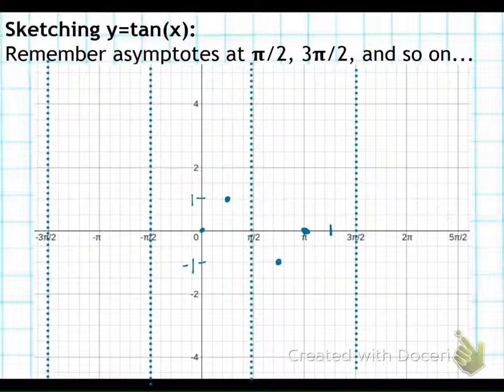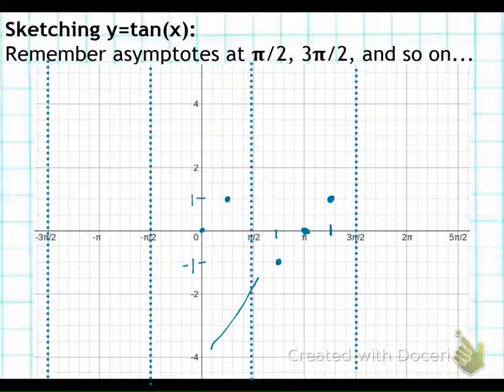In this next interval, my next nice value is at 3 pi over 4, right in between these two, and that's negative 1. Then at pi, it's 0, and at 5 pi over 4, it's positive 1.